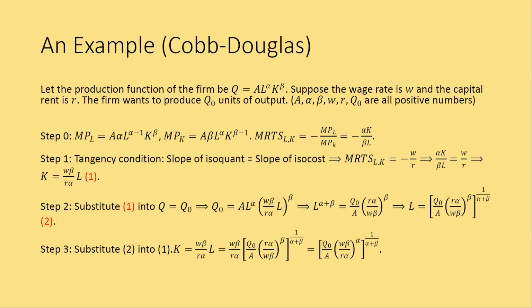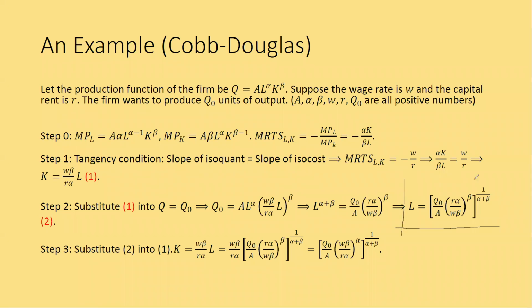That is equation 1. So we substitute equation 1 into Q equals Q0, and we just solve it. We express L, the labor that the firm will use, as a function of all the other parameters. So if you look at expression number 2, that's over here.